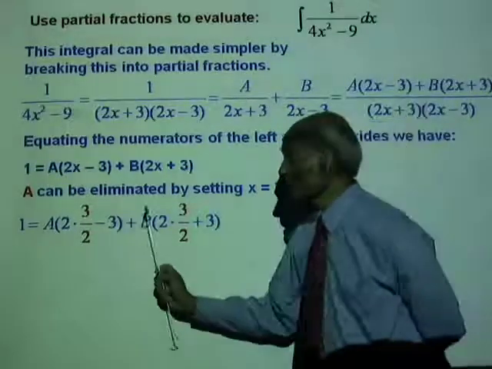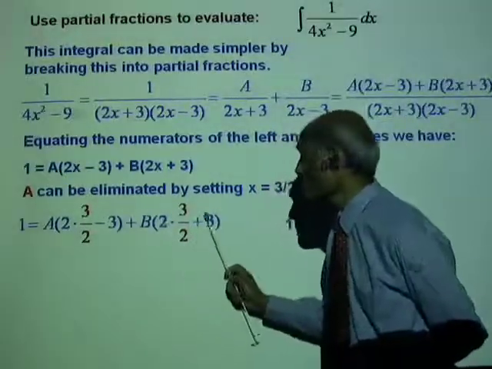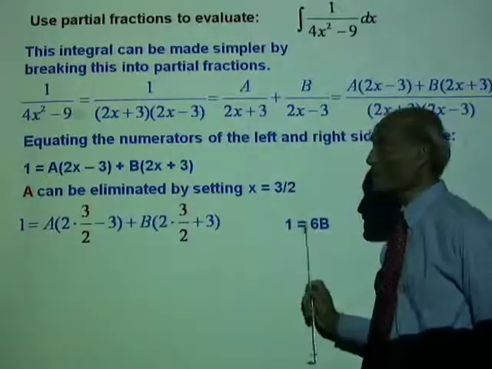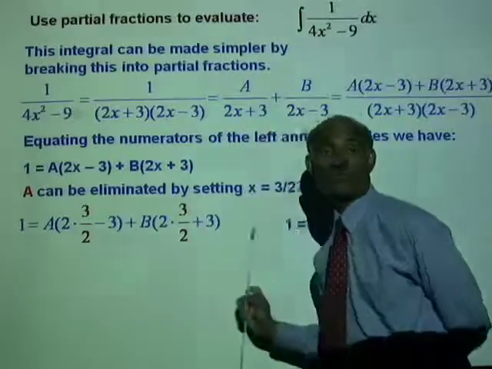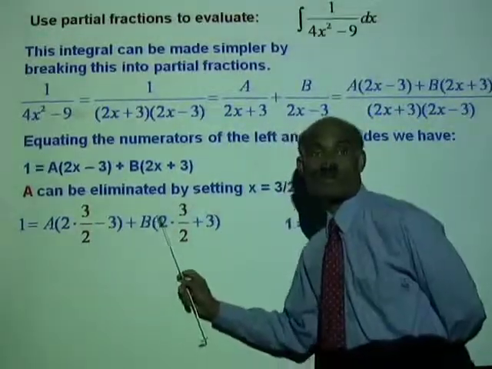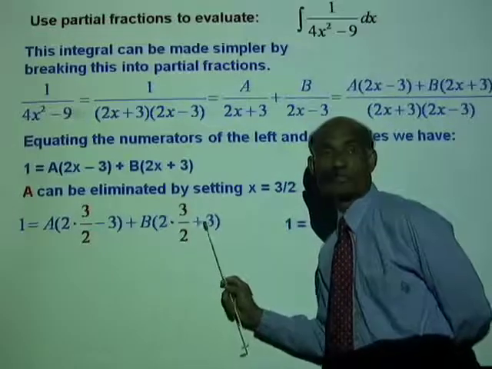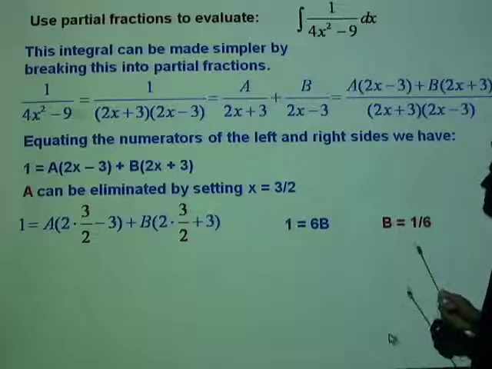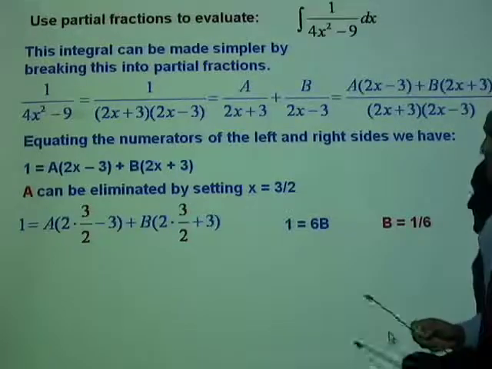Is that right? And this will be 3 plus 3, 6B. We got 1 equal to 6B. On the right hand side, this will become 0. The 2 and 2 go, 3 plus 3, 6. So 1 equal to 6B, or B equal to 1 over 6.